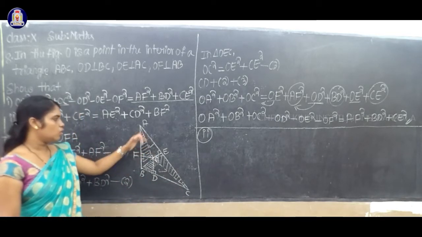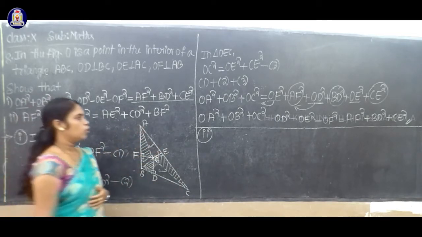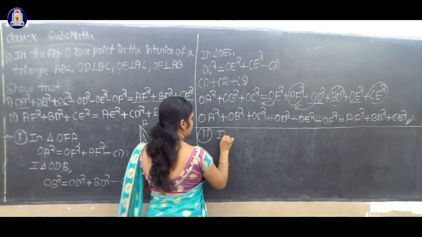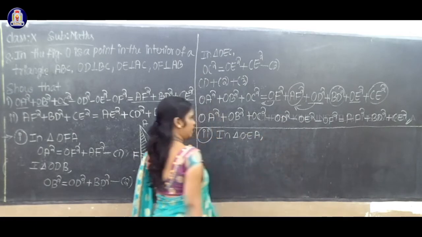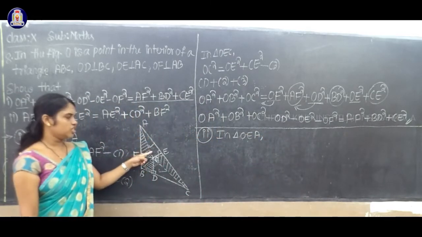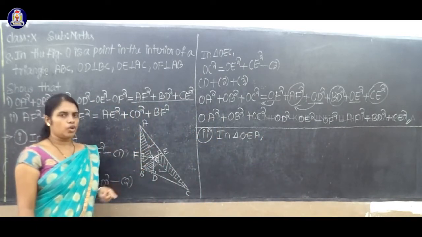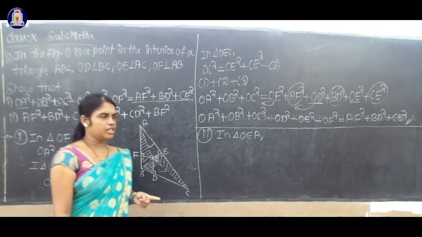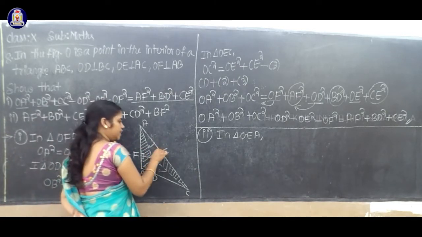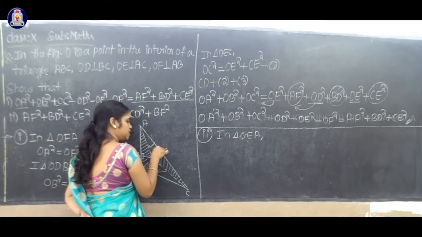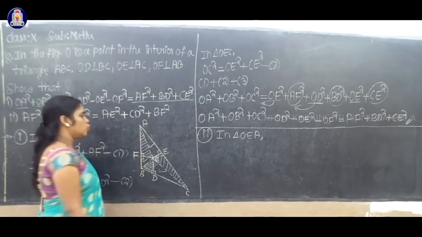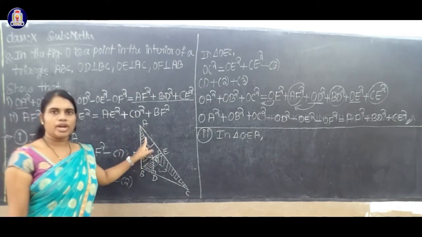First triangle OEA. Apply Pythagoras theorem to this triangle OEA. See here, at point E you have 90 degrees. Which side is opposite to this 90 degrees? That is OA. So here OA is your hypotenuse.